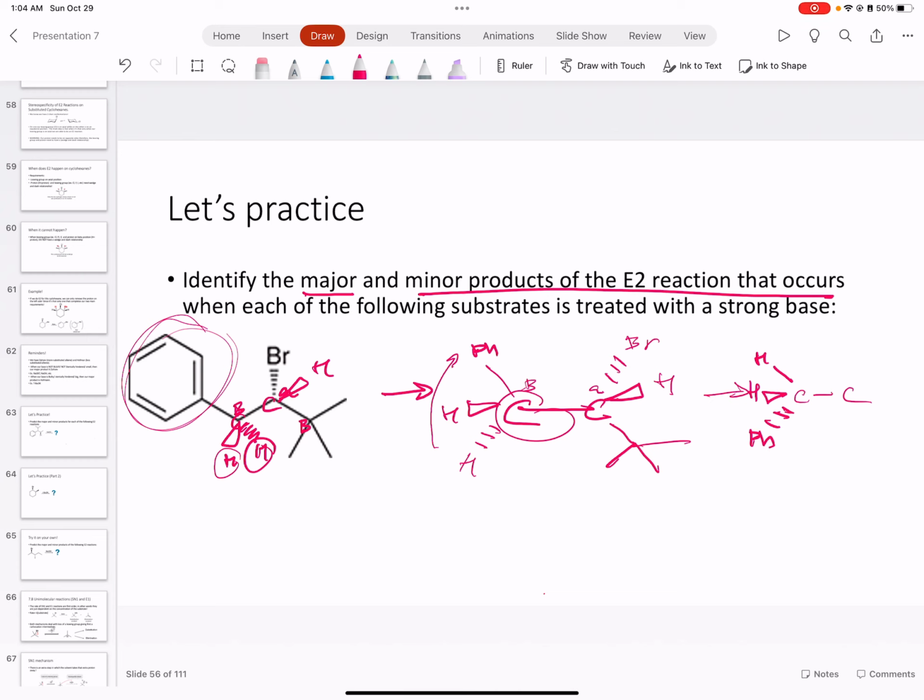So then we're just gonna move this hydrogen down, and then this one we're gonna keep the same. Okay, so then I'm gonna bring this hydrogen down and then have a hydrogen in here.